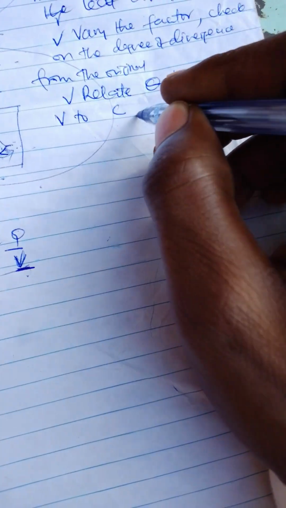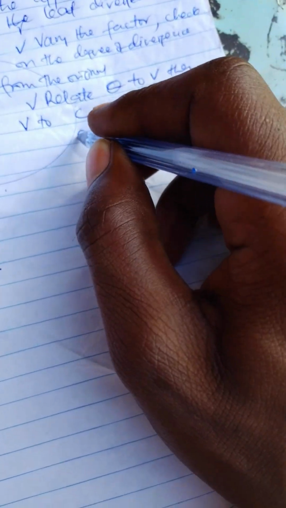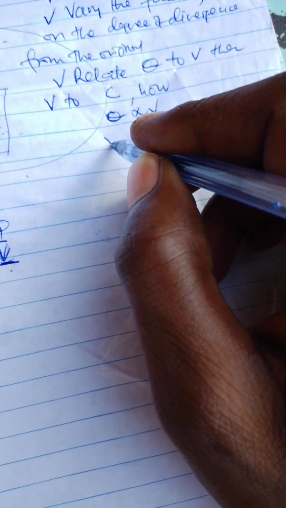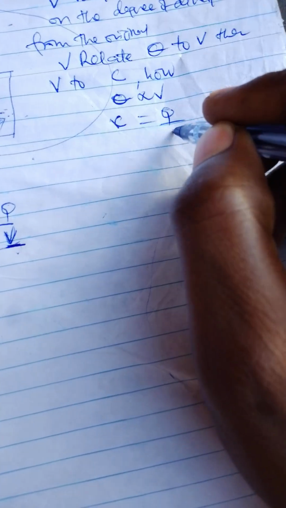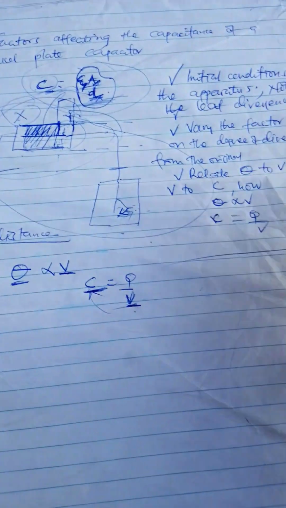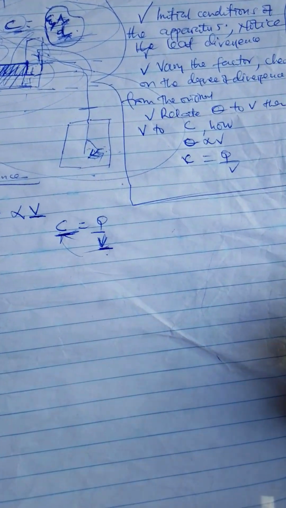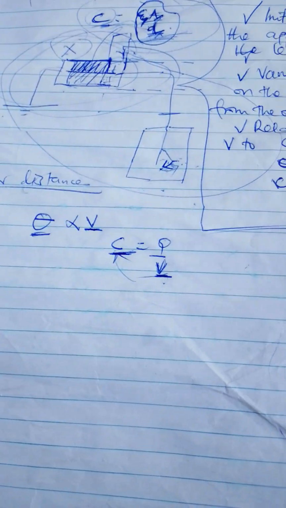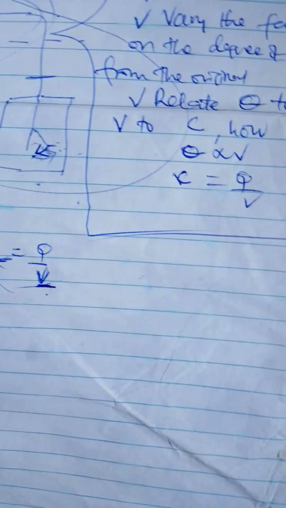To C. How? You know that theta is proportional to V, and also C is equal to Q over V, and you will be exhausting all the factors affecting the capacitance of a parallel plate capacitor. Some questions can ask you to illustrate all the three factors, so you have to mention them one by one in particular.